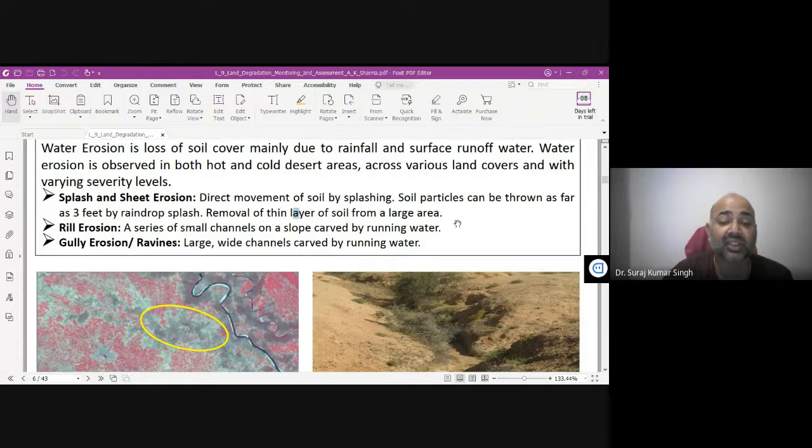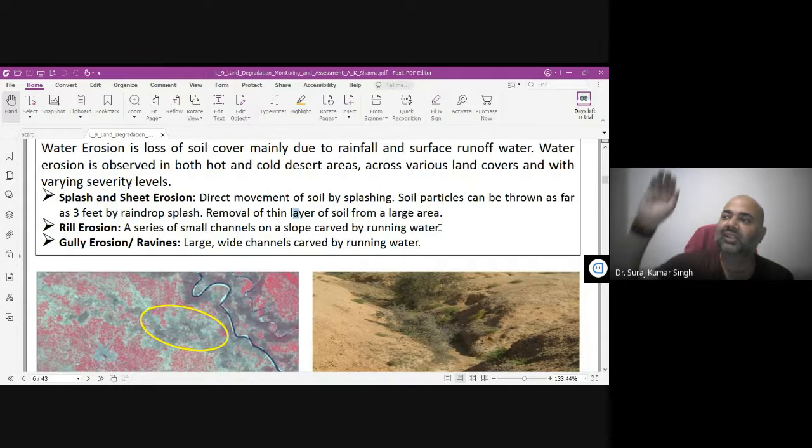So if a thin layer of soil goes away with water, that will be classified as sheet erosion, just like a sheet in a plane, and that is the topsoil. Next is rill erosion. What is rill erosion? Rill erosion is a series of small channels on a slope carved by running water.